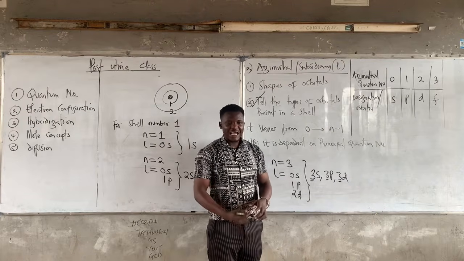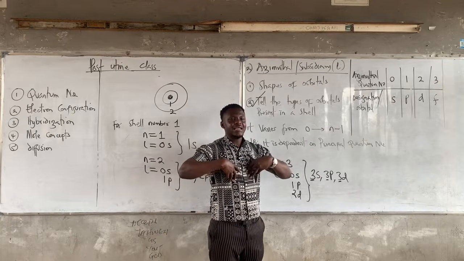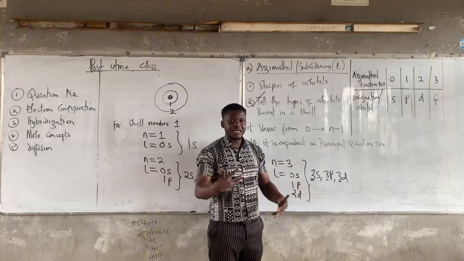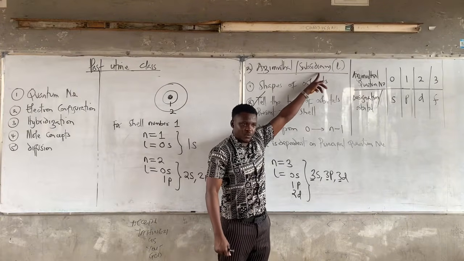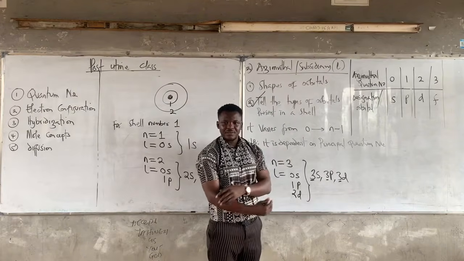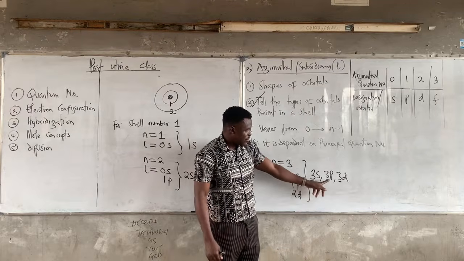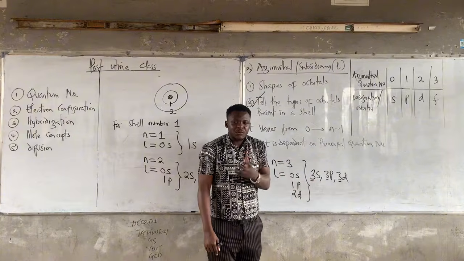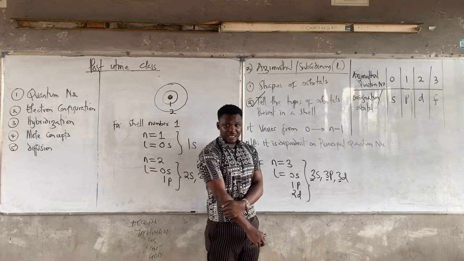So you are subs of your parents. Your parents are the main shells, and you are the subsidiary of the shell. That is why it is called subsidiary quantum number: something that is attached to somewhere. So 3s, 3p, and 3d are subshells of shell number 3. Do you understand the concept?